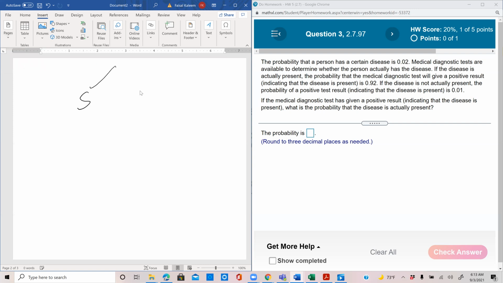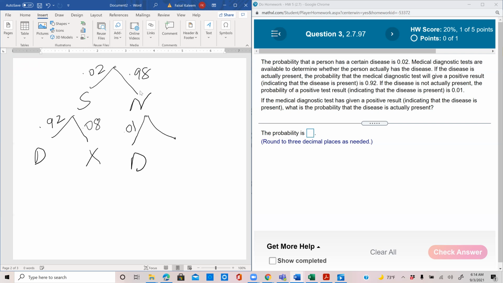Sick is probability 0.02, not sick will be probability 0.98. Then the correct diagnosis with sick is 0.92, and not being diagnosed would be 0.08. Similarly here, if you're not sick, the probability of being incorrectly diagnosed is 0.01, and this would be 0.99.